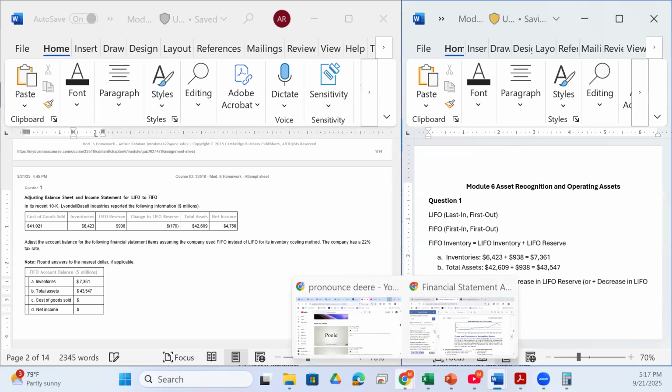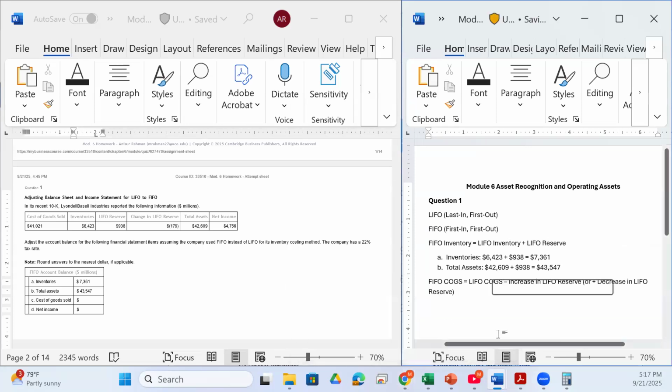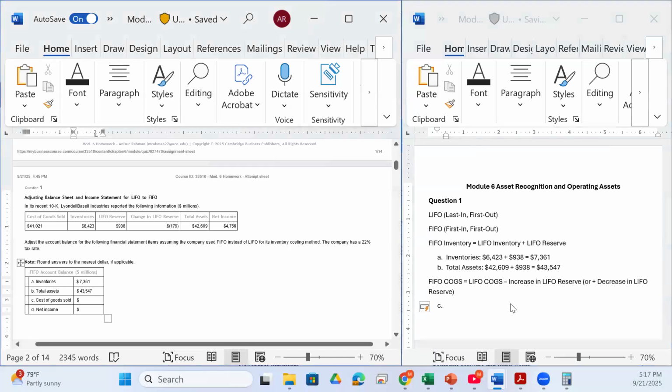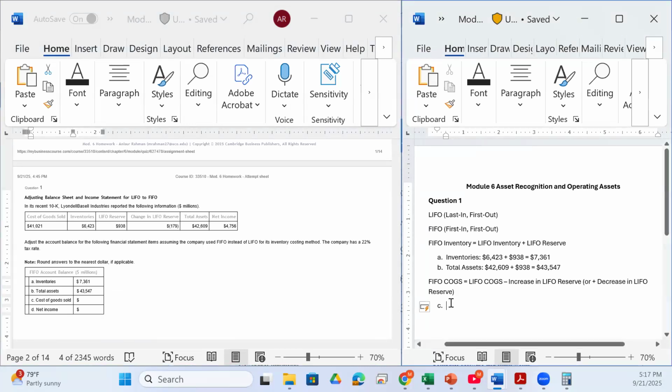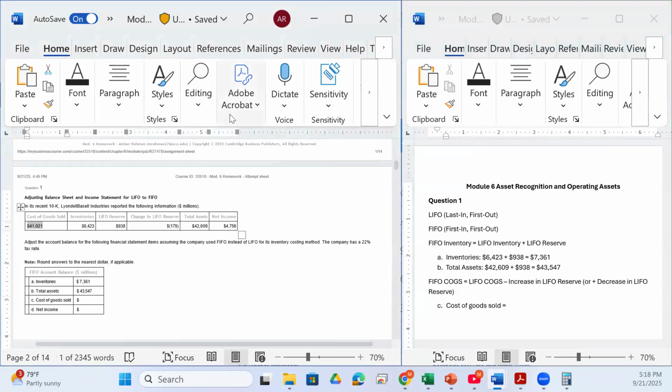So our C, cost of goods sold, should be our LIFO cost of goods sold, which is this amount.